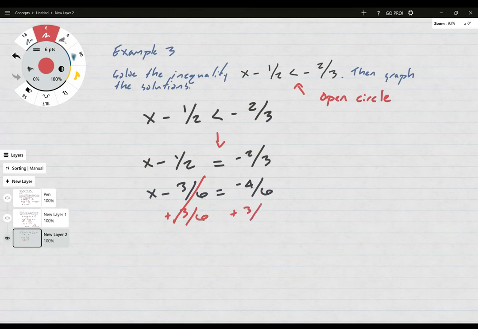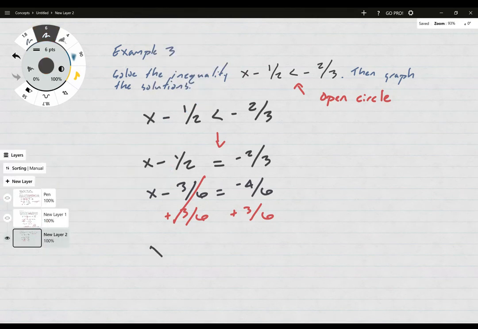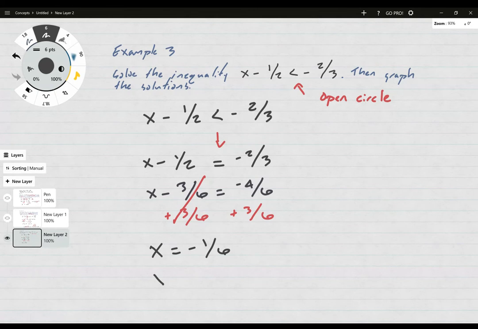Add 3/6 to this side. So now all that I have left is x equals -4 plus 3, there's more negatives than positives, so all I have left is -1/6. So my inequality states x is less than -1/6.